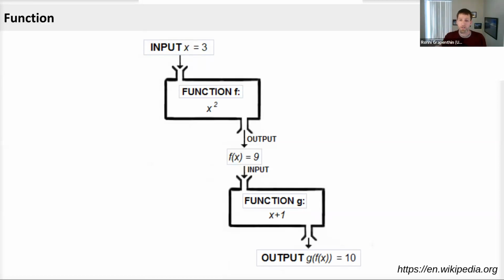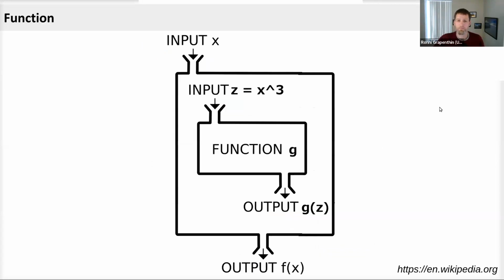So if we have multiple functions, we can apply them within each other, on top of each other, whichever way we want, without having to write out the equation x squared plus 1 all the time, for instance.